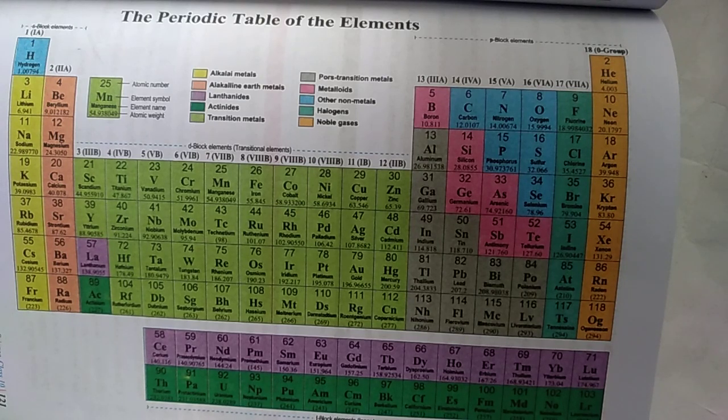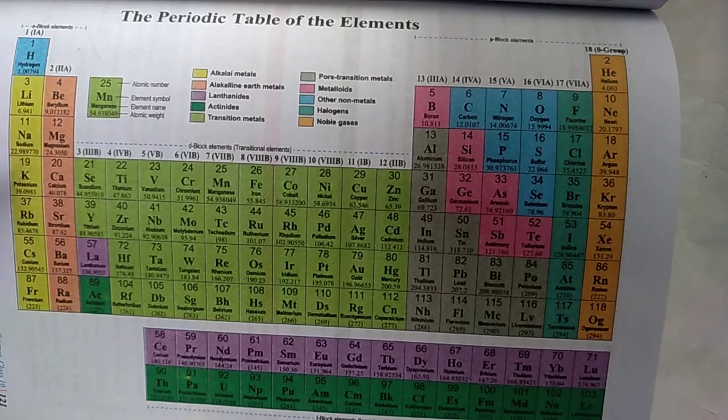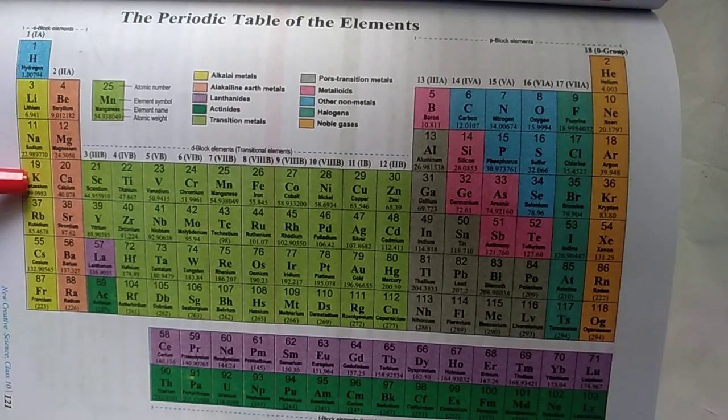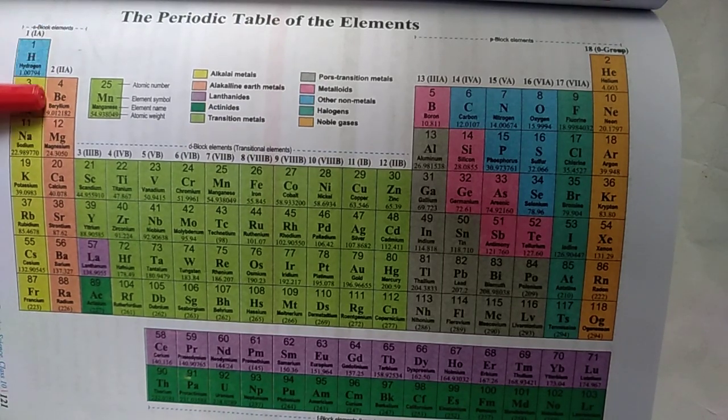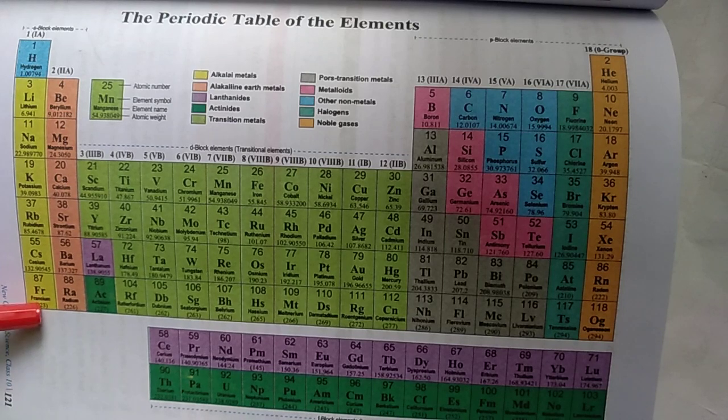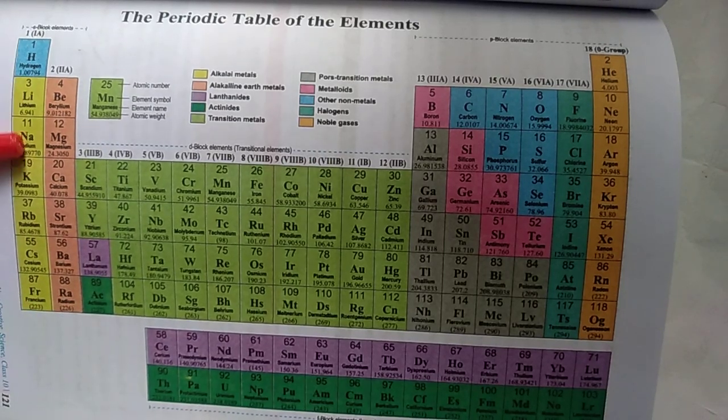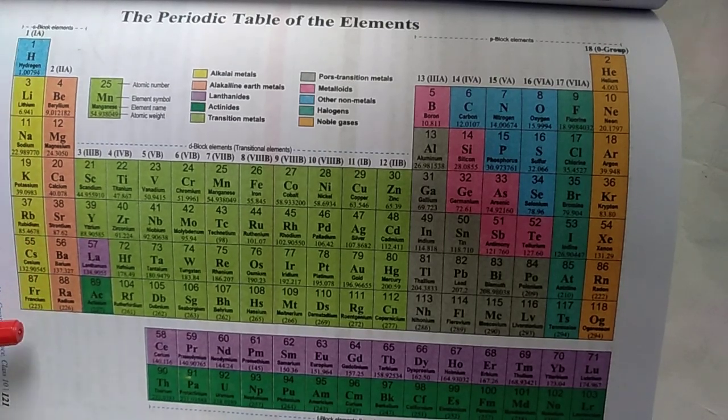Right. Now we will see this one, reactivity of the elements. Now you see, you get this question frequently: lithium, sodium, potassium. Which one is the most reactive among these 3? Then potassium is the most reactive among these 3 because as you go down from top to bottom in a group of the periodic table, the lower elements have bigger atomic size.